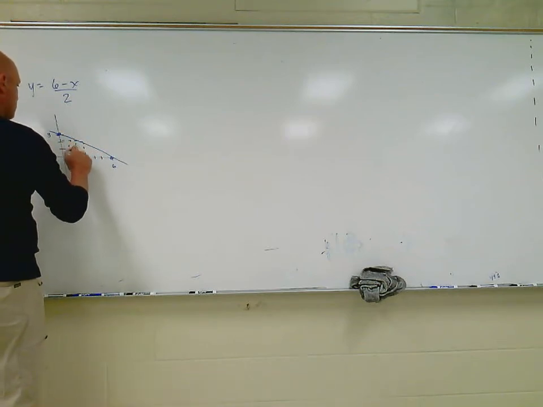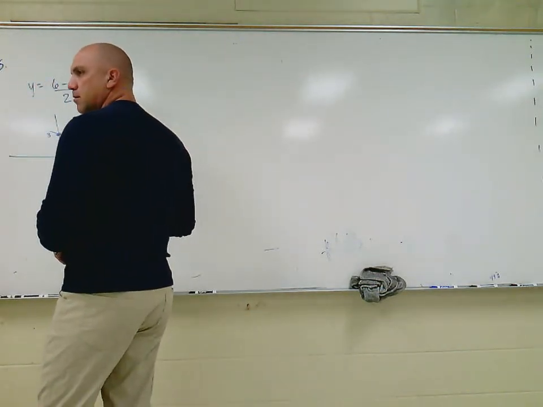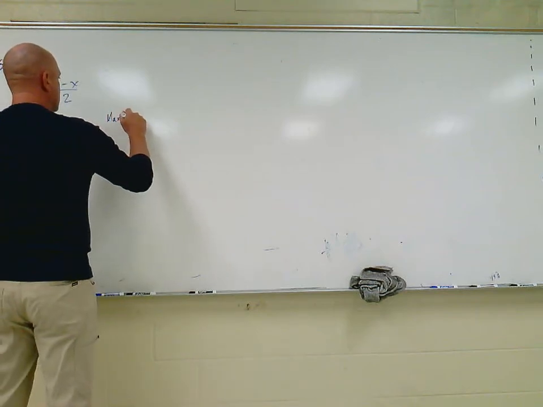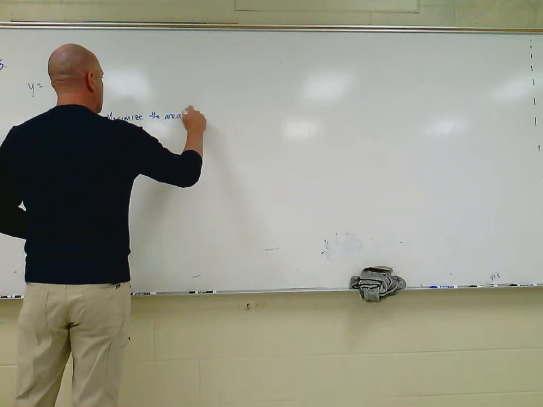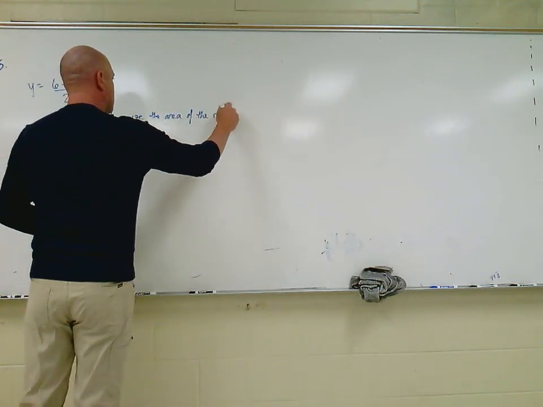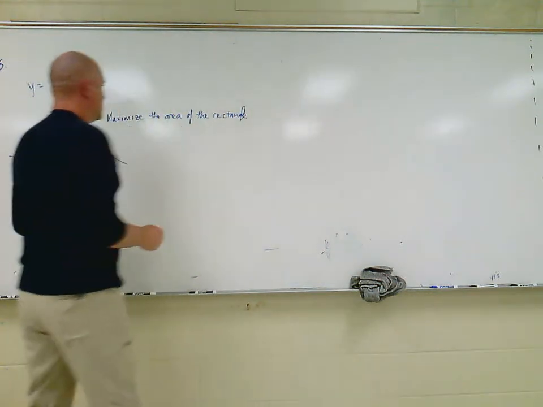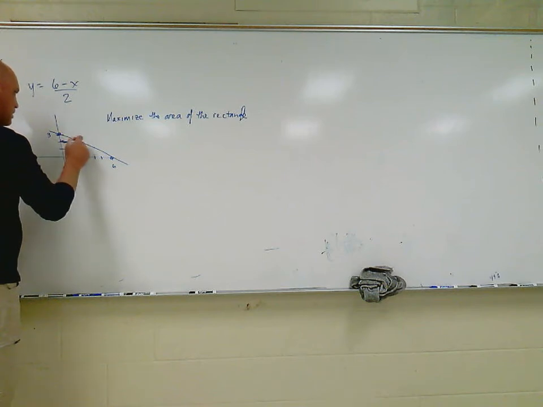And what are we trying to do with that rectangle? What does it say? Maximize the area of the rectangle. All right, so good. So we want to maximize area. So we're trying to find this rectangle in here.